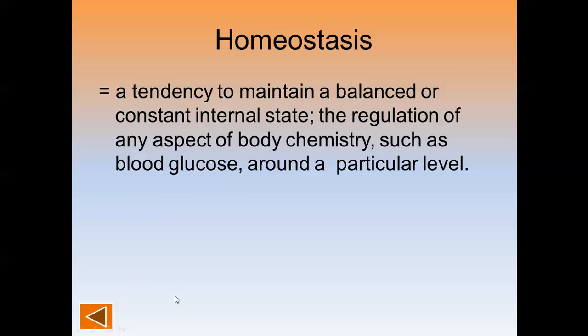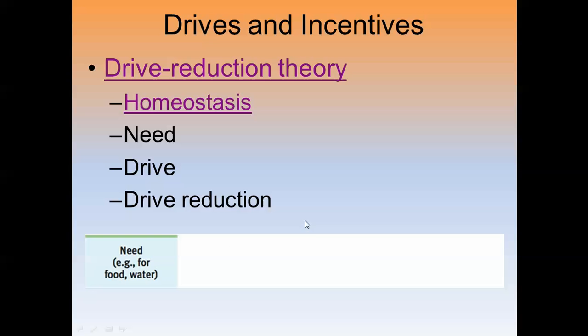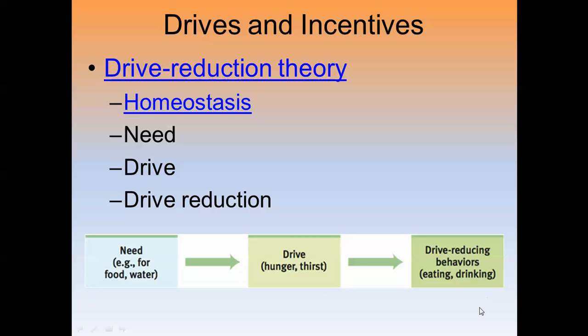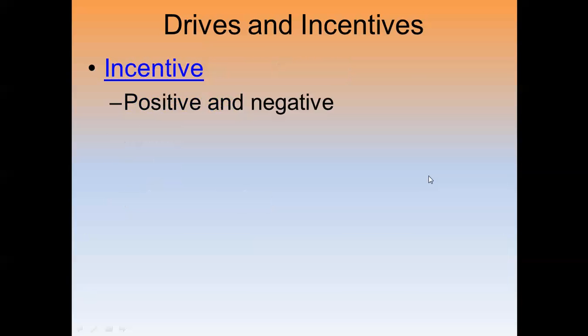Furthermore, we are not only pushed by internal drives, but we're also pulled by external incentives. And we'll talk about incentives in just a second. So take a look at your screen. You have need, drive, and drive reduction. So you have a need. Your drive is hunger or thirst, and then you have a drive-reducing behavior.